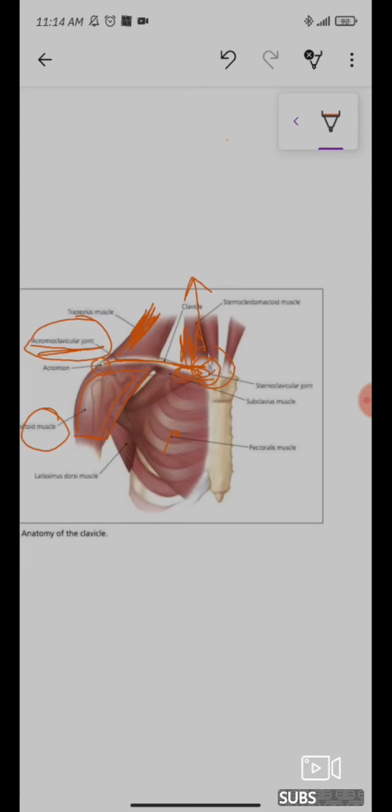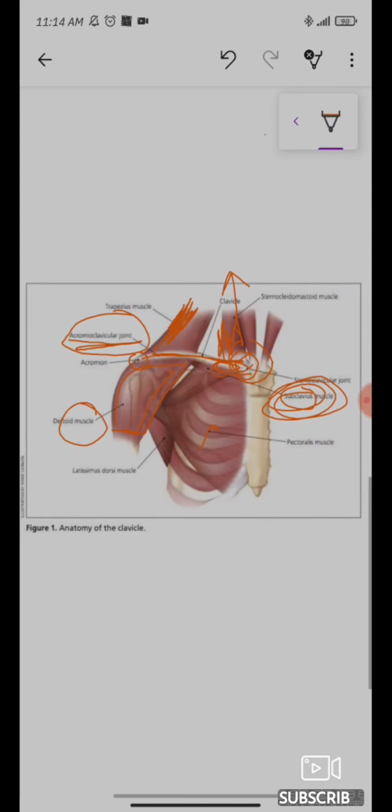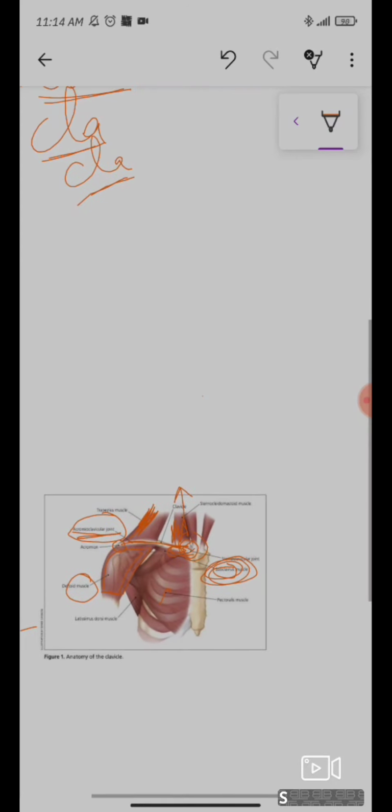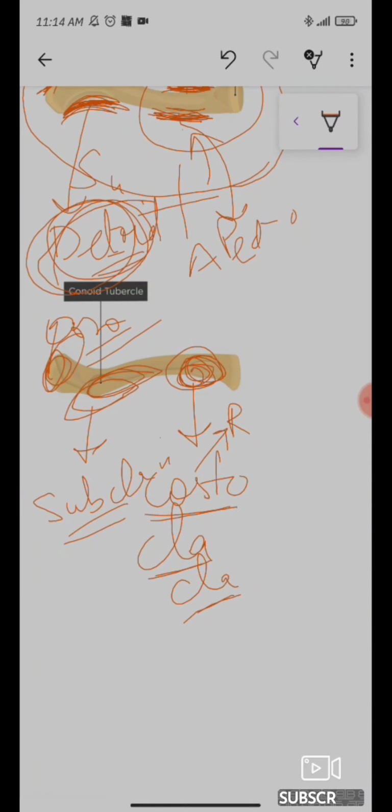Now going downwards, this is subclavius muscle, which is inserted into the middle part of the inferior surface. So here clavicle is completed.